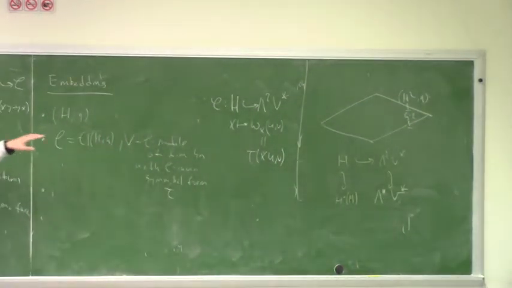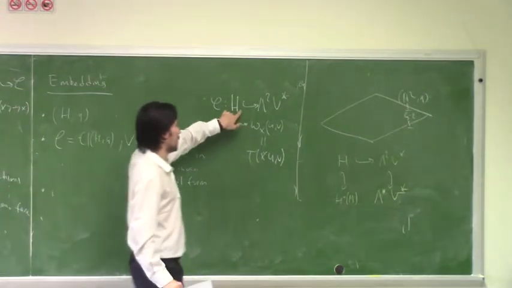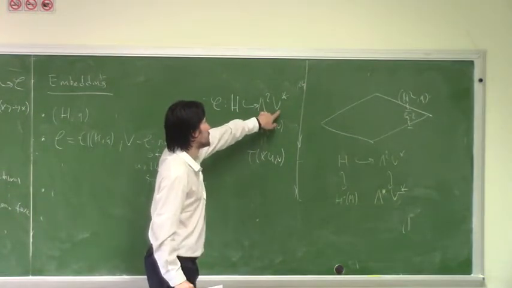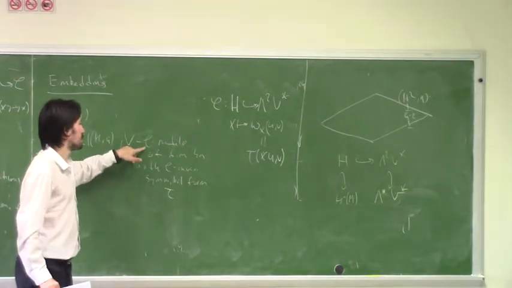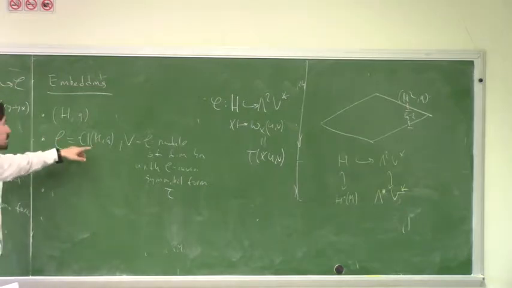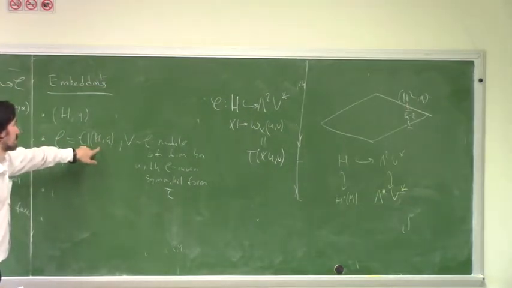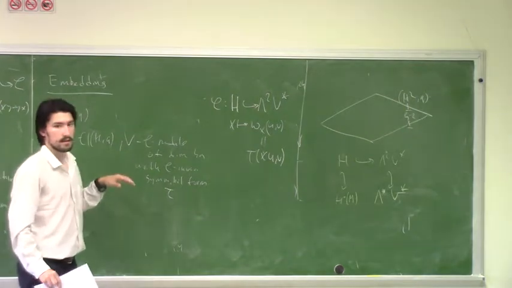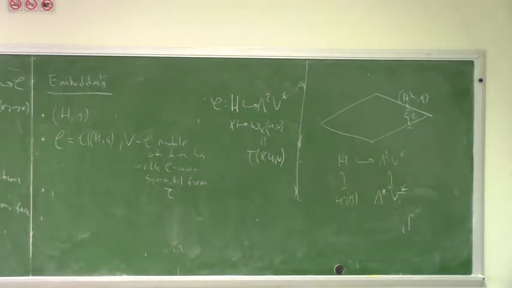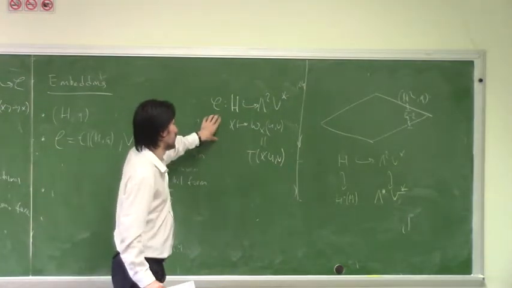So we just construct an embedding of the second homology into lambda 2 V star, where V is a left module of the Clifford algebra constructed by H and Q, where Q is the Bogomolov-Fujiki form on the second homology of a simple hyperkahler manifold. H is H2 of the hyperkahler manifold. And this is the embedding.